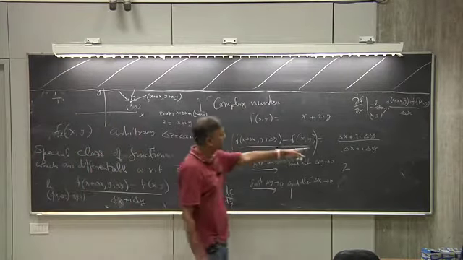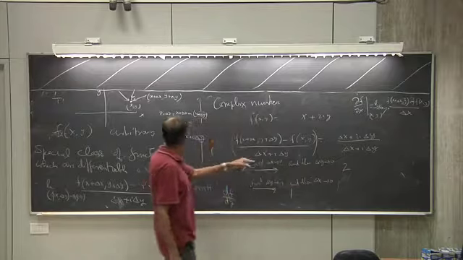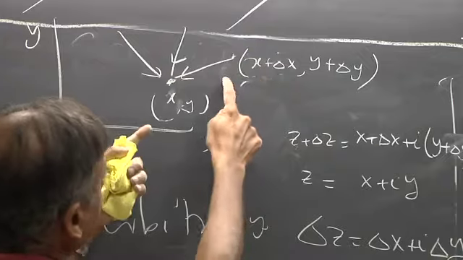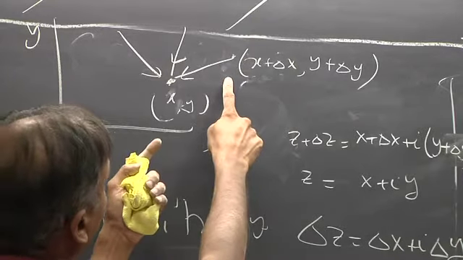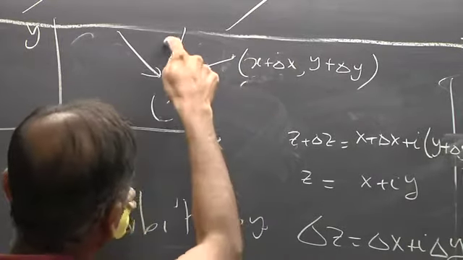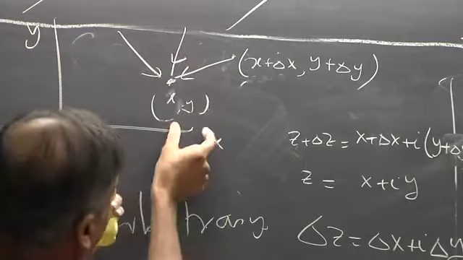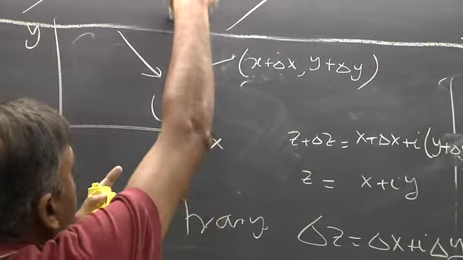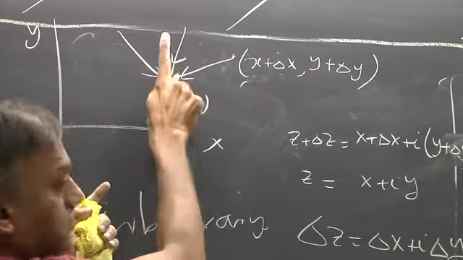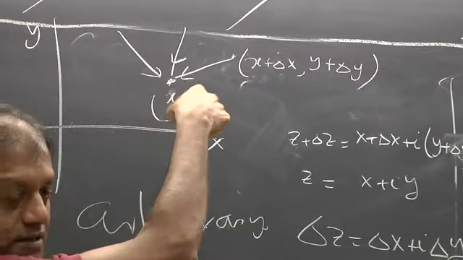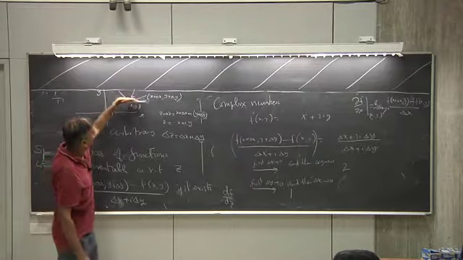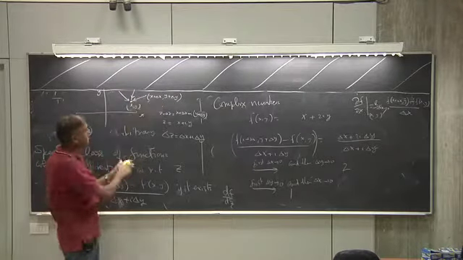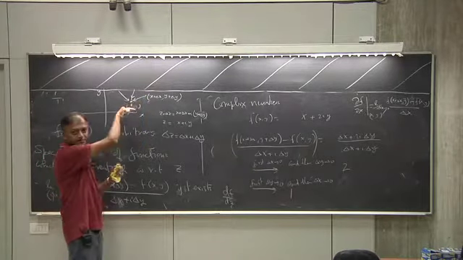So for example, what do I mean by saying first I take delta x goes to 0? Which means this point is here, delta x is 0. So you are coming from up or from down, the vertical direction. Whereas if you first take delta y goes to 0, that means we are in the horizontal direction, coming in this direction or that direction.